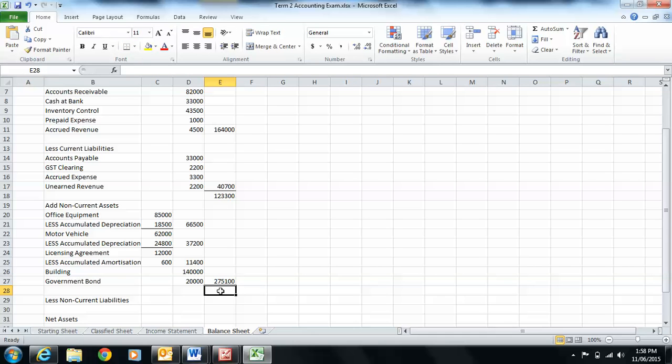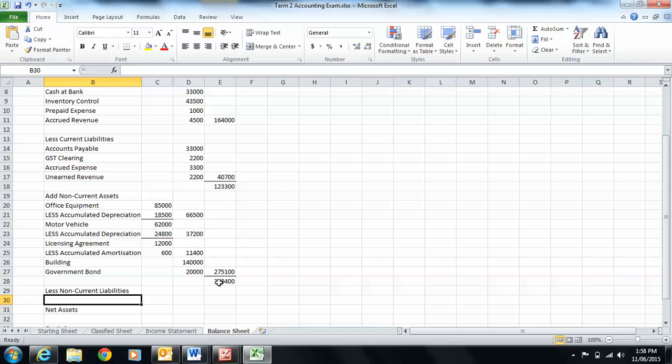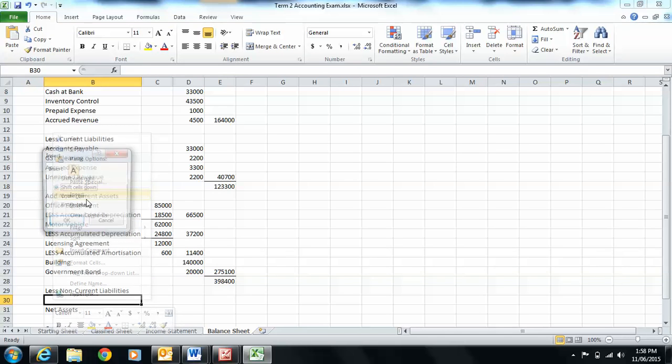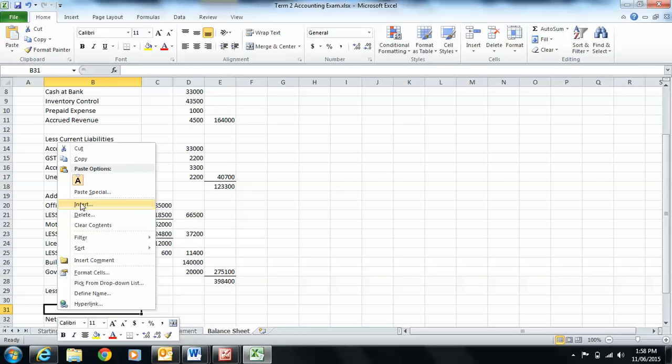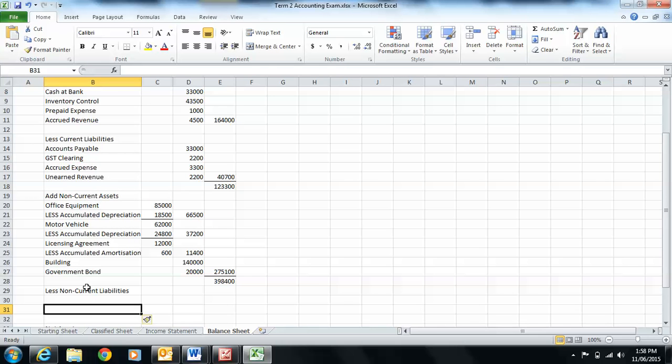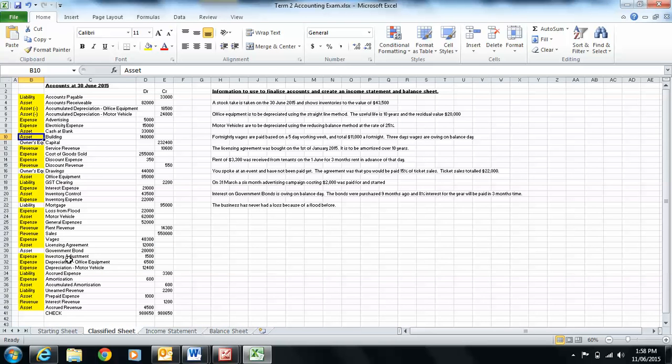We can add those to where we started, and so we've got a value of $398,400. But we're going to have some liabilities that we might have to pop in here. Let's get us a couple of rows. So the non-current liabilities, if we have a look at what we've got left in there, we'll just mark off that we've used the government bond. So actually the only one we've got there is the mortgage, which has a value of $95,000.